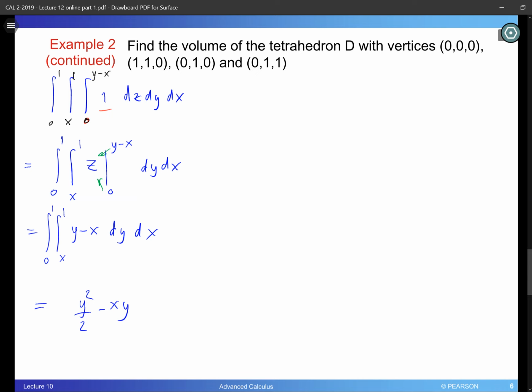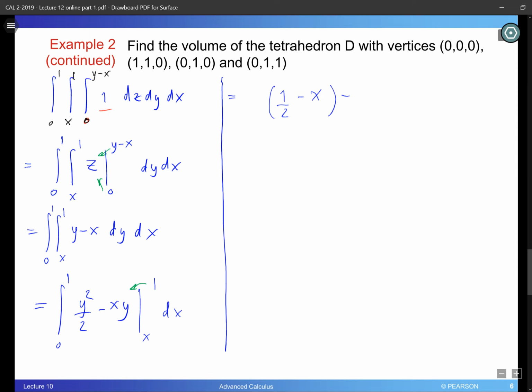Okay, let's continue. We are supposed to evaluate this at y equal to x and y equal to 1. And don't forget the last integration with respect to x here. 1 goes in as y, so we have 1 over 2, and 1 goes in as y, you have minus x. After that we put x in as y.